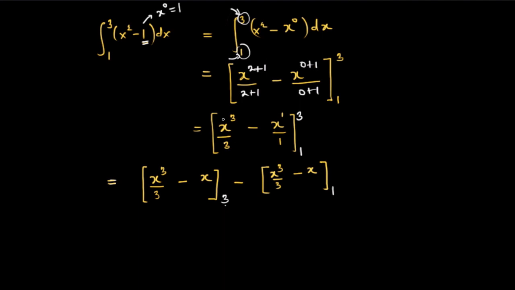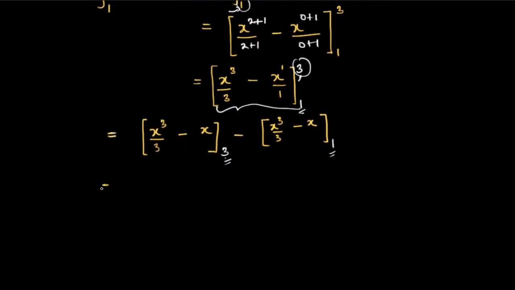So we find the value of the expression at 3 minus its value at 1. When you split it, ensure the one for 3 comes first, while the one for 1 comes second. That's the way to evaluate this.